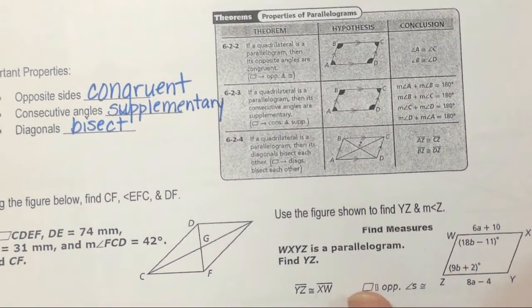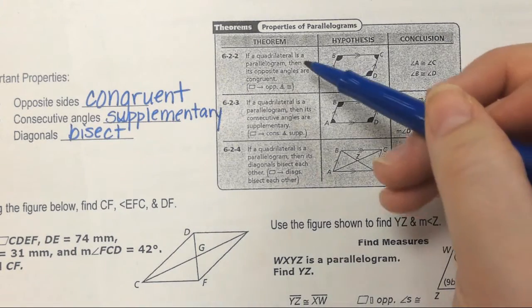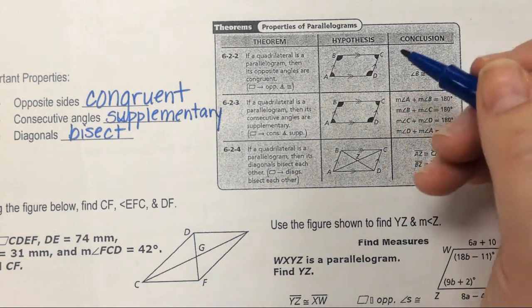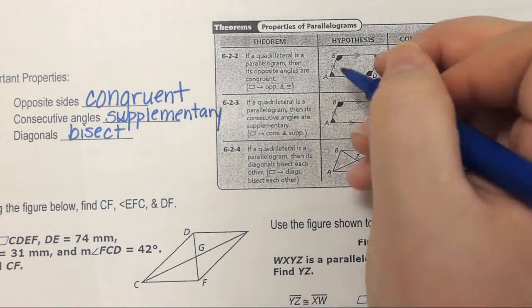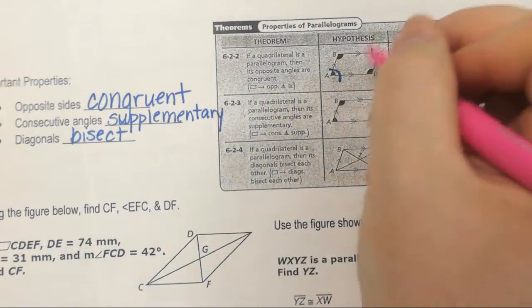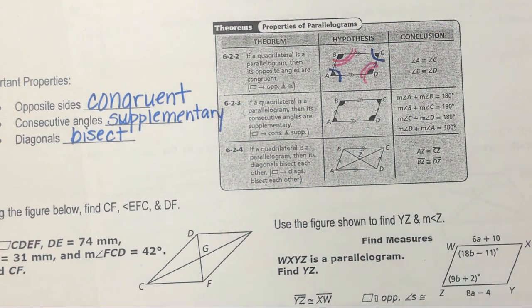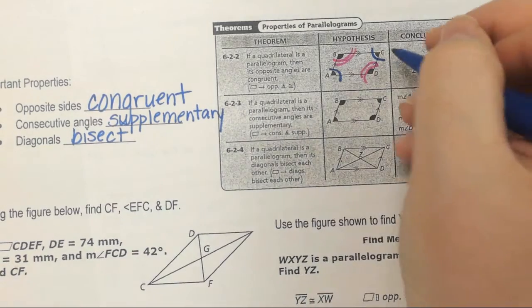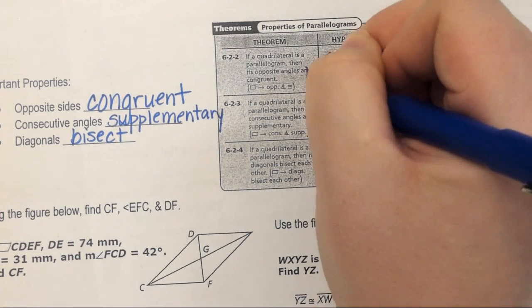So let's look a little closer at these 3 theorems. The top one says, if a quadrilateral is a parallelogram, then its opposite angles are congruent. So angle A goes with angle C, and angle B goes with angle D. But these 2 together add up to 180, and these 2 together add up to 180.